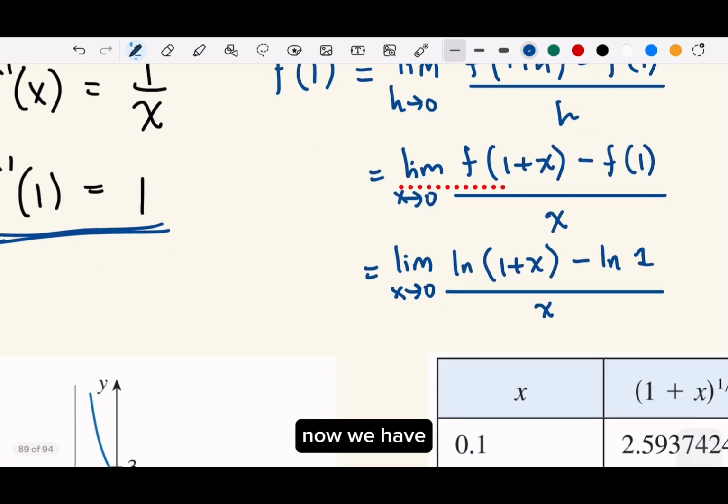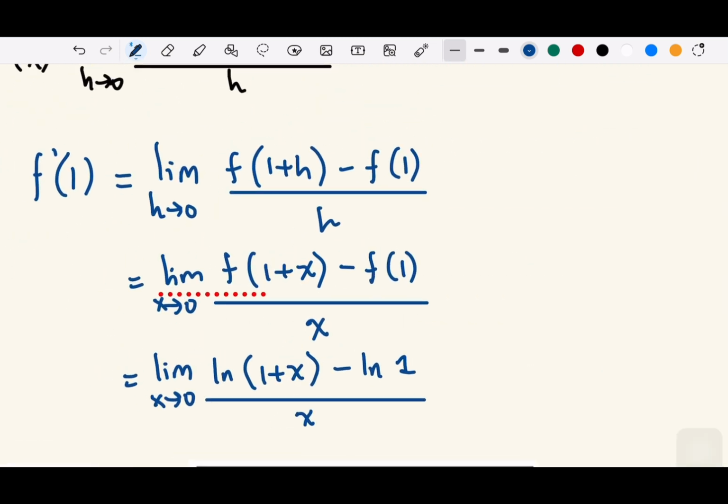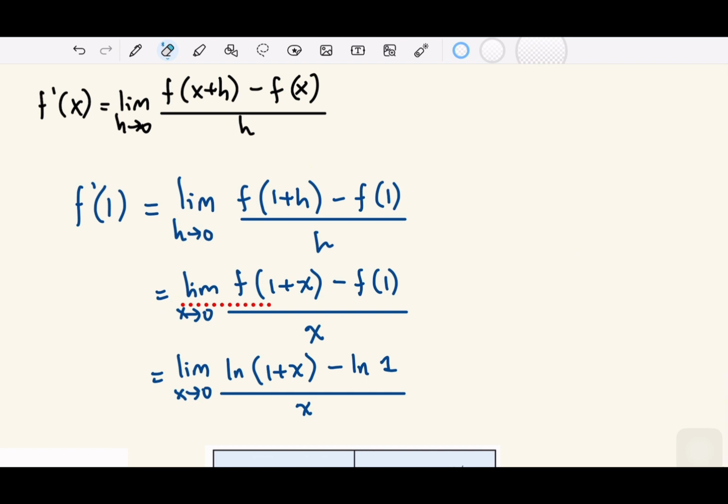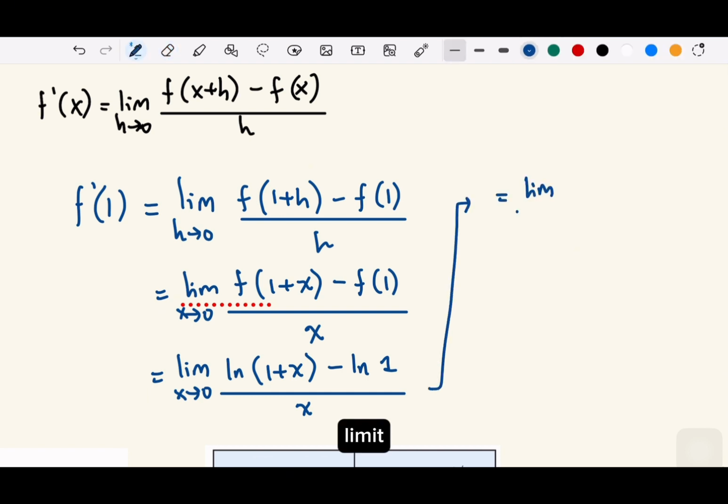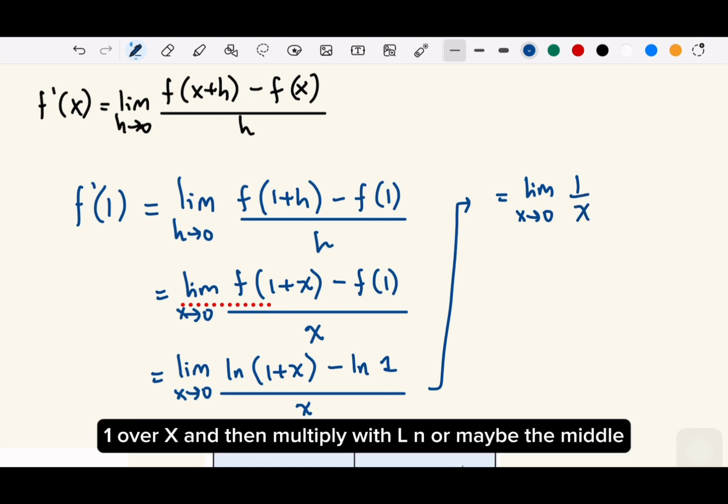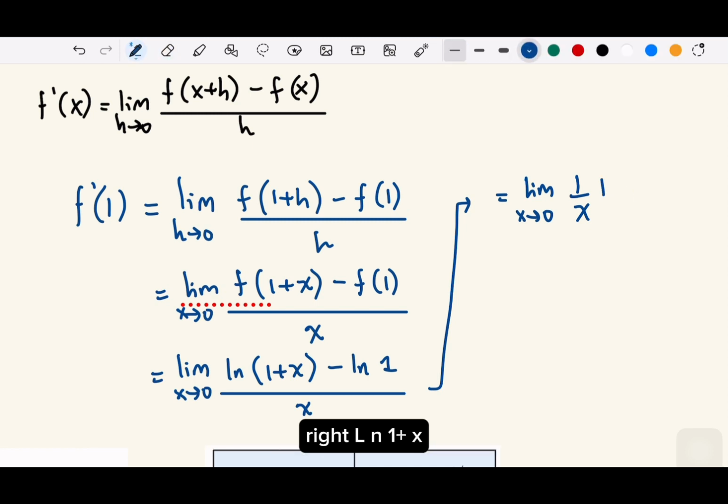Now we have the right: limit of 1 over x, and then multiply with ln, or maybe let me write ln(1 plus x). Okay.